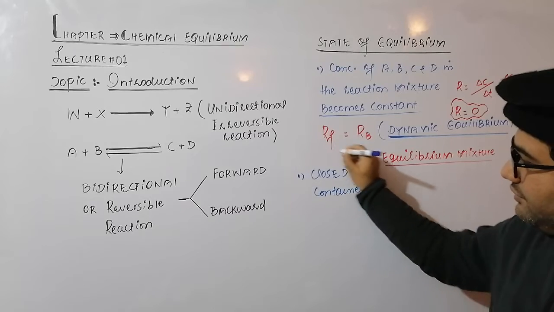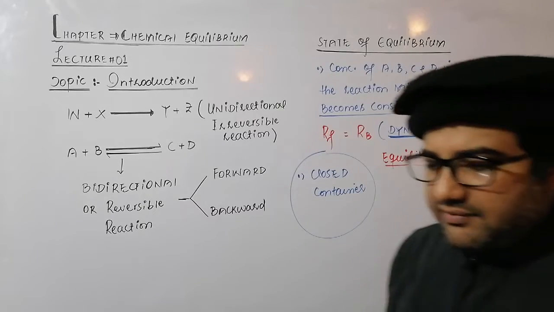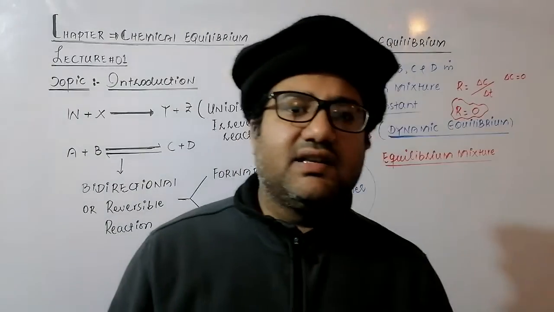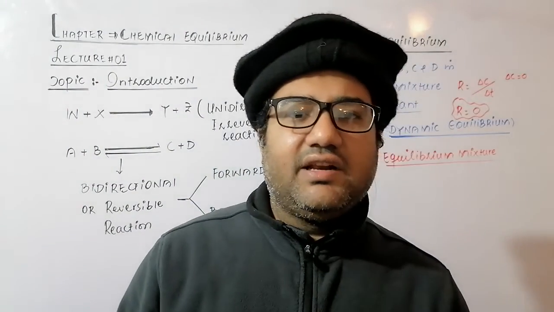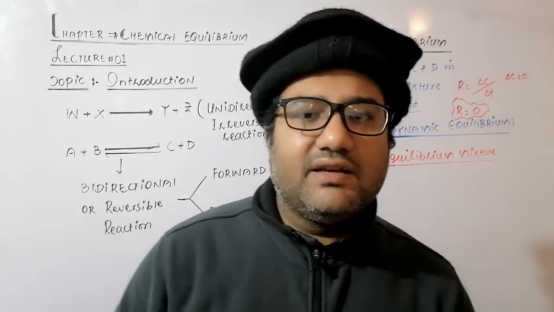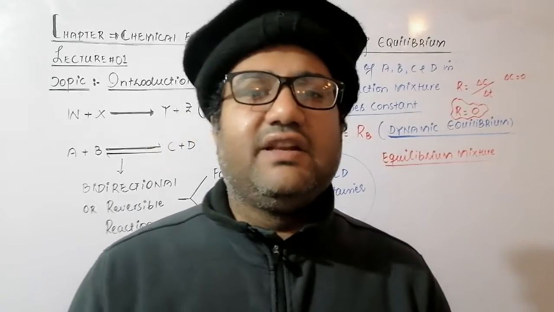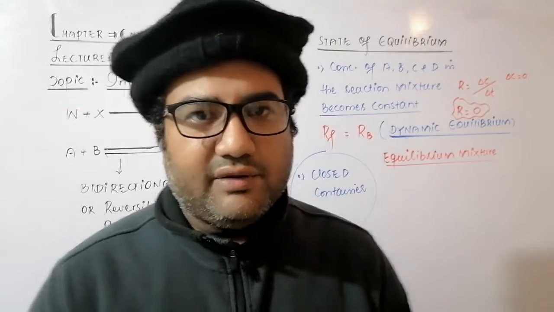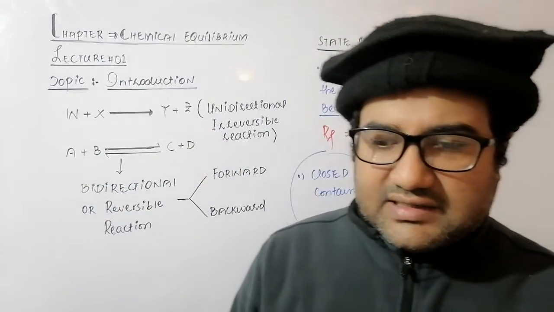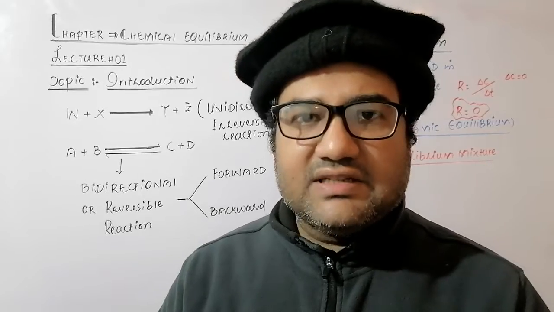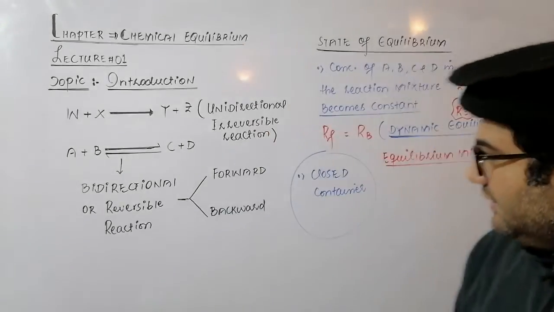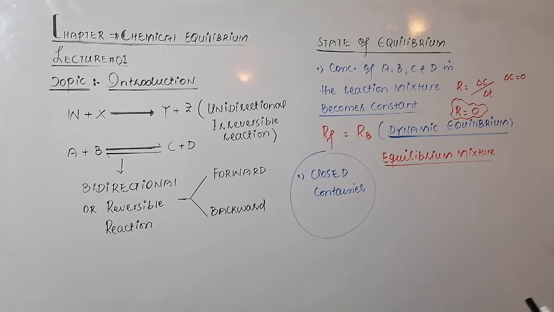The container should be closed, because when the container is opened, some of the reactants and products, if they are in gaseous form, will definitely escape. Otherwise their vapors will escape, and you will never be able to achieve the dynamic equilibrium, because when some of the reactants and products leave the reaction mixture, the speed of forward and backward reaction will never become equal.